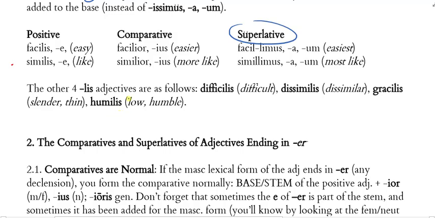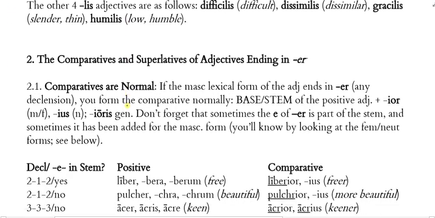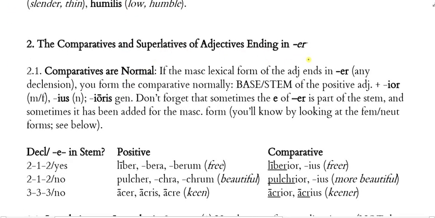Now, number two, there are also comparatives and superlatives of adjectives ending in -er that we have to consider. With these types of adjectives, you've met some -er adjectives here in the Wheelock chapters. The comparatives are normal. So let's just remind ourselves what happens with normal comparatives.